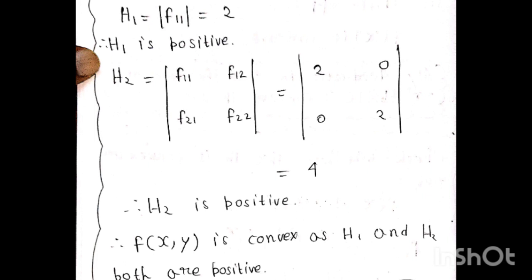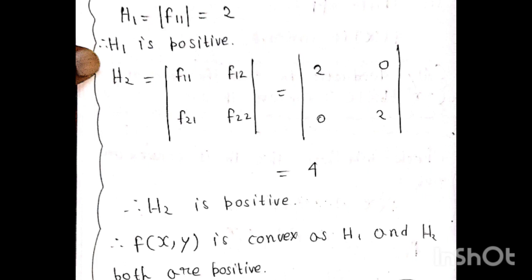We have to find h2 as well, because h2 can be obtained where we have two variables. In case of only one variable in the equation, we only have to find h1. If it is positive, the function is convex, and if it is negative, the function is concave. But here the number of variables is 2, so we have to find h1 as well as h2.